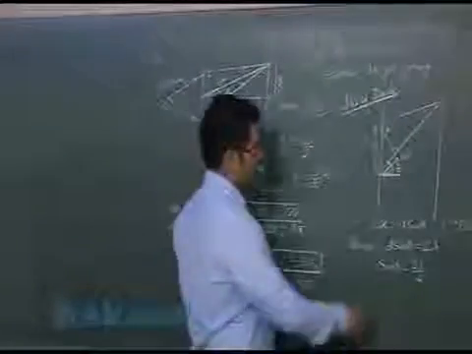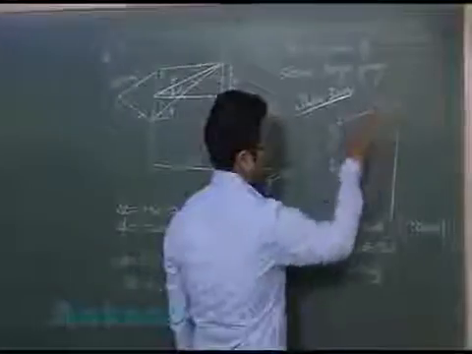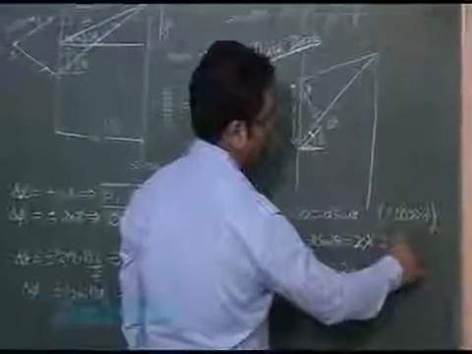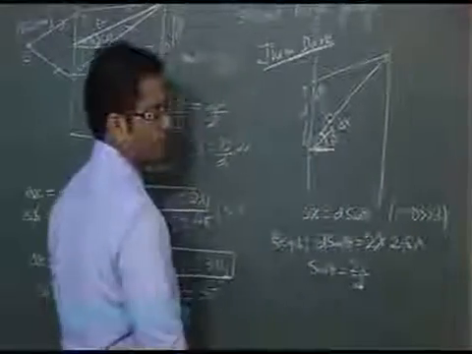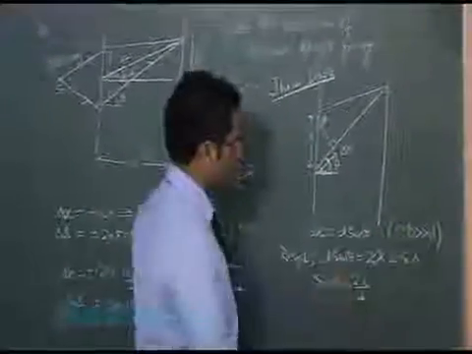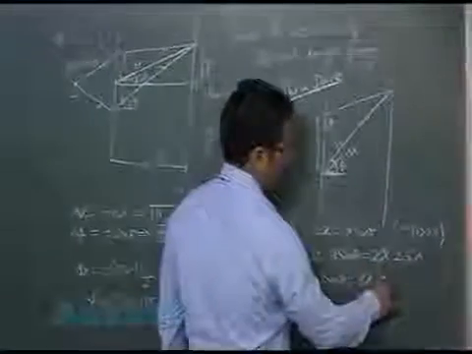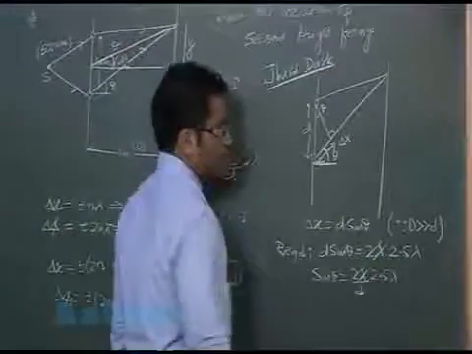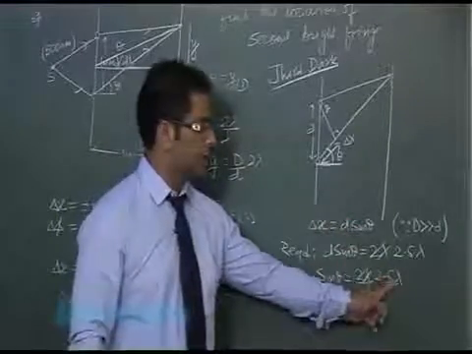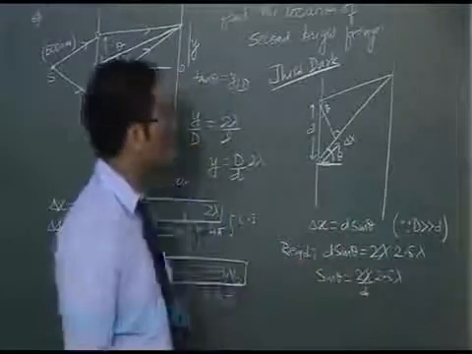अब यह अप्रोक्सीमेशन फिर भी वैलिड है. अब 2 लैम्डा के बजाय विल राइट एज 2.5 लैम्डा क्योंकि फर्स्ट वाज फॉर द सेकंड ब्राइट, नाउ इट्स फॉर द थर्ड डार्क एंड दिस वुड नाउ बी 2.5 लैम्डा. और अभी भी sin theta is very small क्योंकि this is in nano, this is in millimeter.